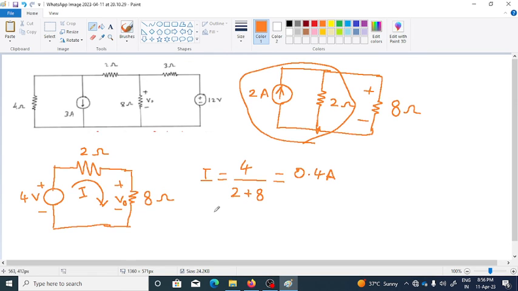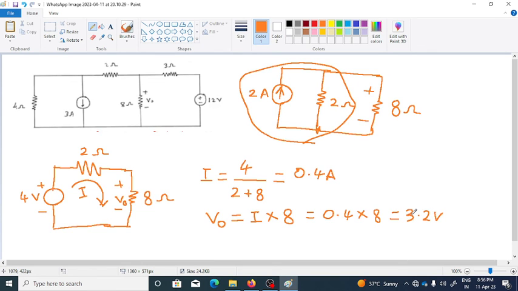Now what we were interested to find out is this voltage V0. So the voltage V0, which is the voltage across the resistor 8 ohm, can be given like I multiplied by the value of that resistance, that is 8 ohm. So what is the value of I? This is 0.4 ampere. So it is 0.4 into 8, and which comes to be 3.2 volt.